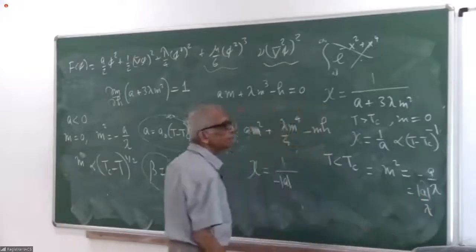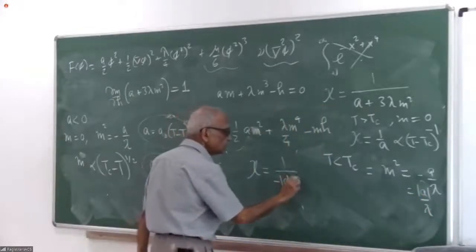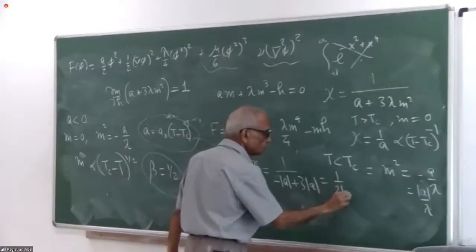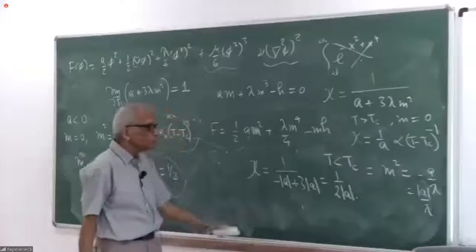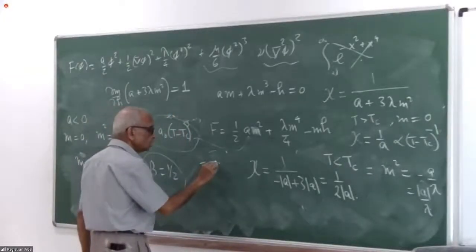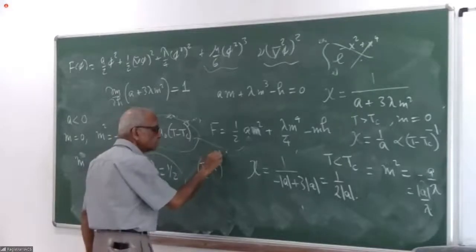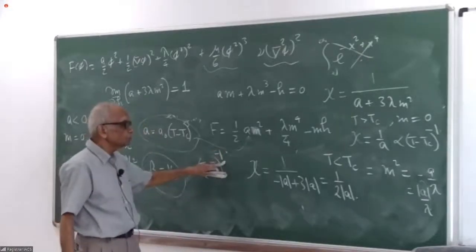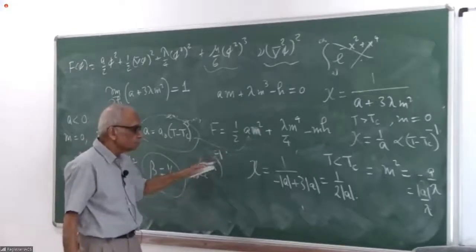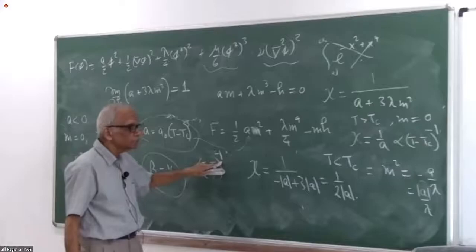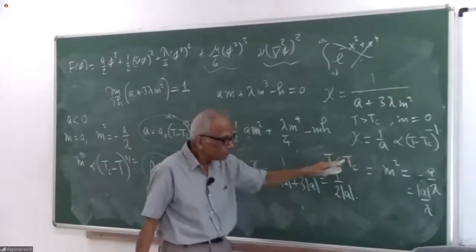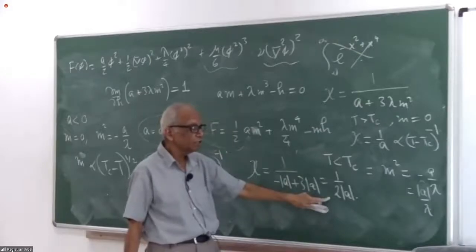This gives 1 over a plus 3 mod a, which is equal to 1 over 2 mod a. So once again, chi is proportional to (Tc minus T) to the power minus 1 as you approach the critical point, but it was 1 over a over here, and it is 1 over 2a over here.